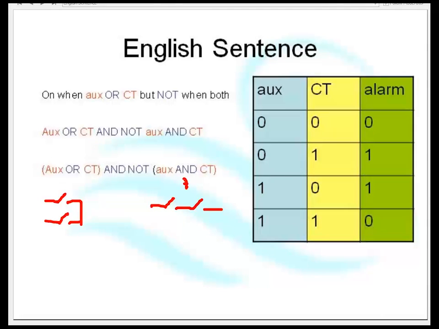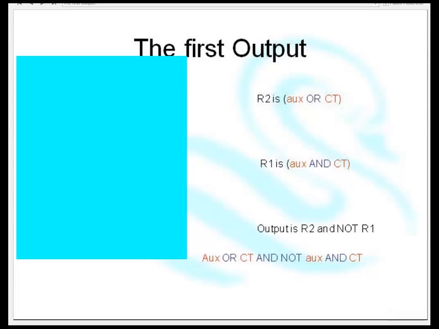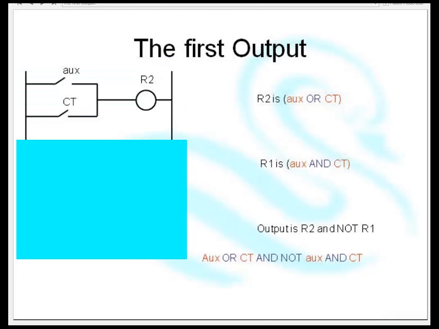So by looking at the English sentence, I can see how to wire this thing up. Looking at this, I end up with this. I use a couple of internal relays. The first relay I put in place is the auxiliary or the CT. So I have a relay R2 which comes on when the auxiliary or the CT.